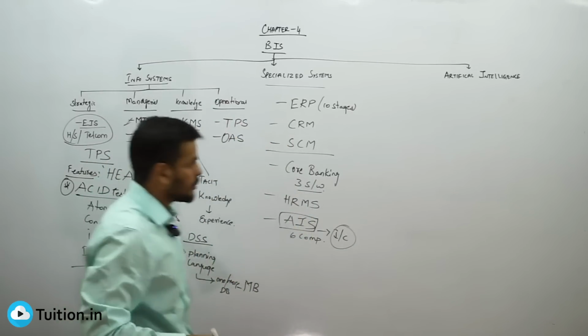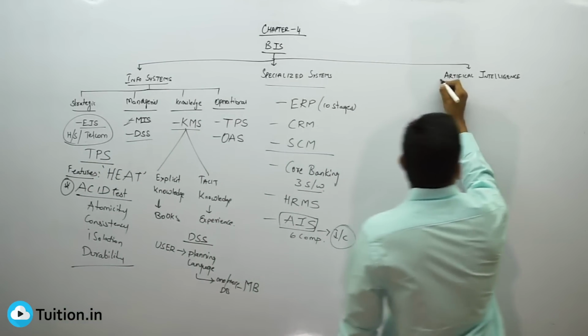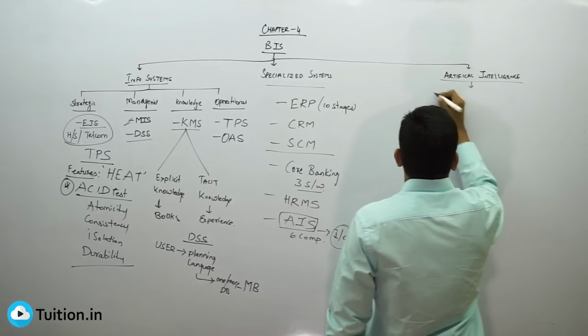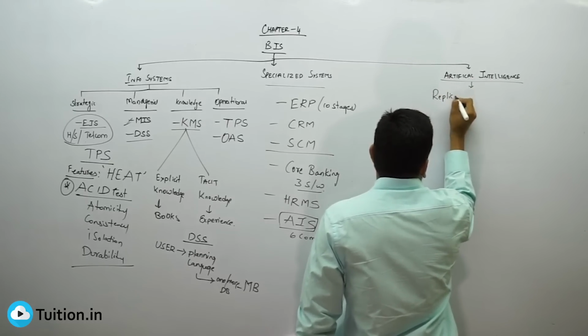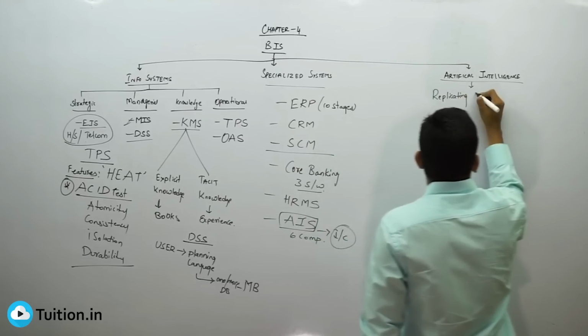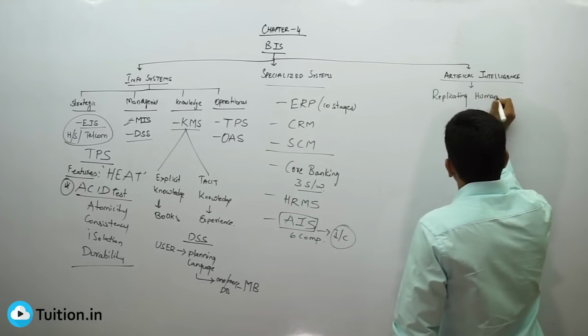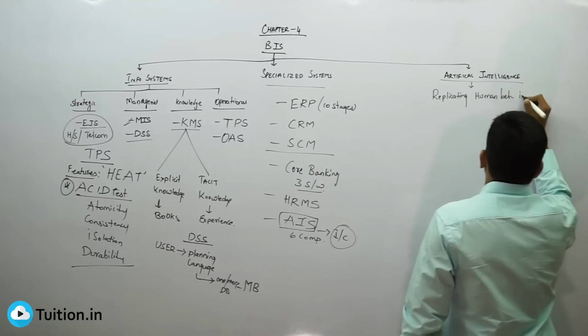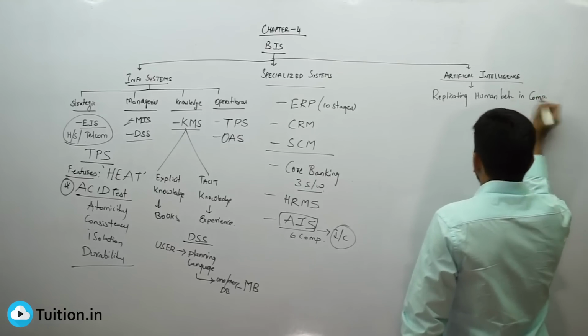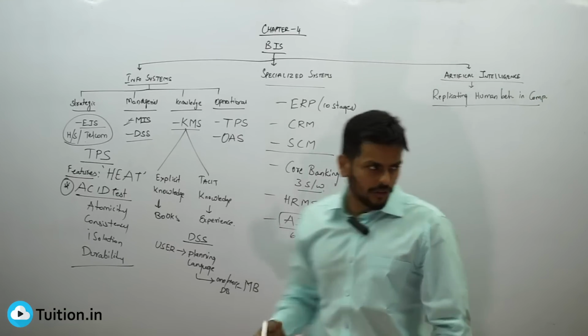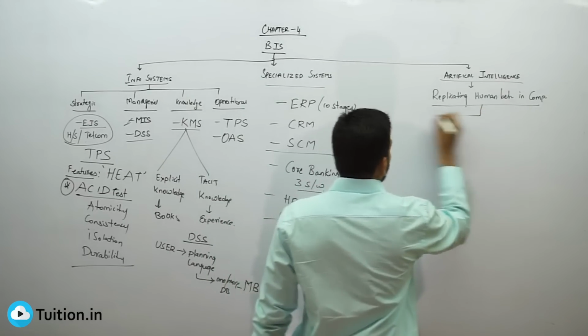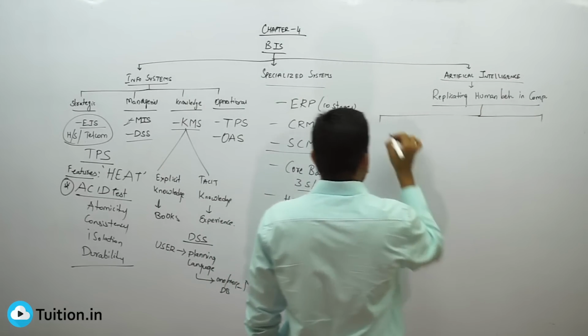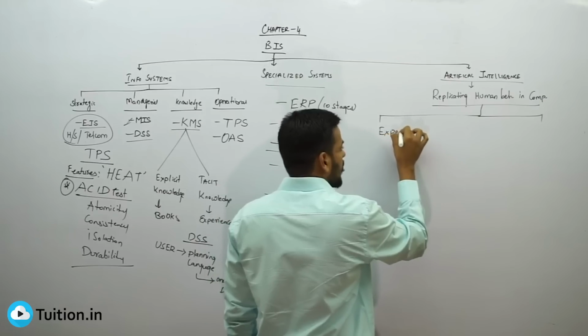Among these 6 specialized systems, then moving up next, we have the concept of artificial intelligence, which is nothing but replicating human behavior in computers, right? Under which we have 2 concepts to talk about, which is dealing with expert systems.